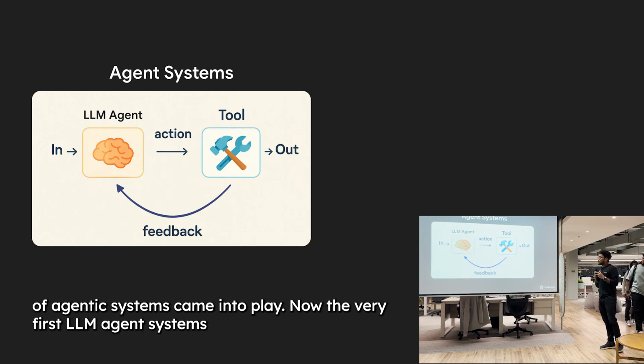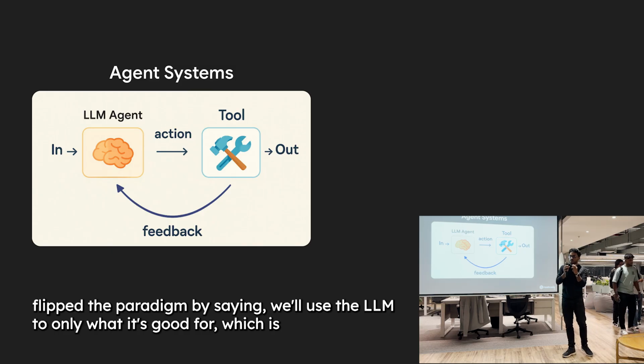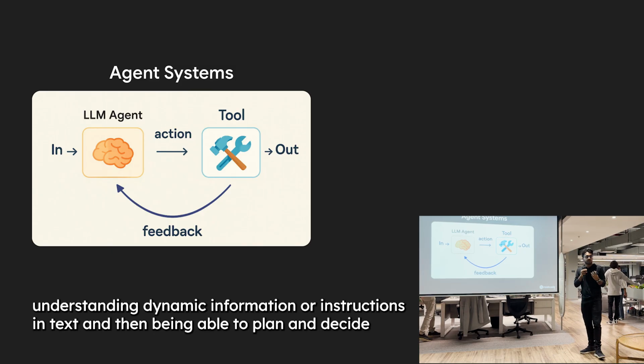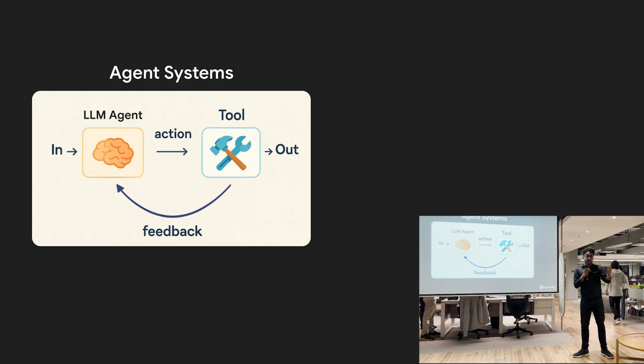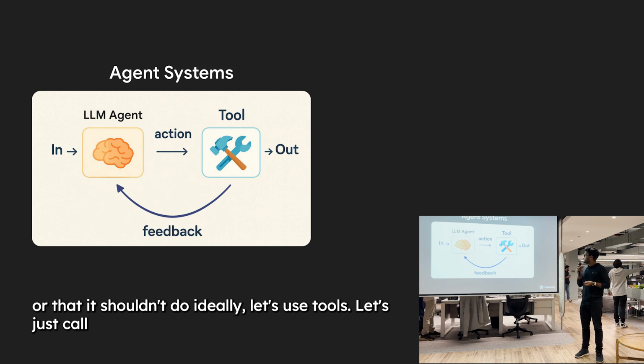Now, the very first LLM agent systems flipped the paradigm by saying, okay, we'll use the LLM only for what it's good for, which is understanding dynamic information or instructions in text, and then being able to plan and decide again in text on what it should do. For any task that it can't do or that it shouldn't do ideally, let's use tools.